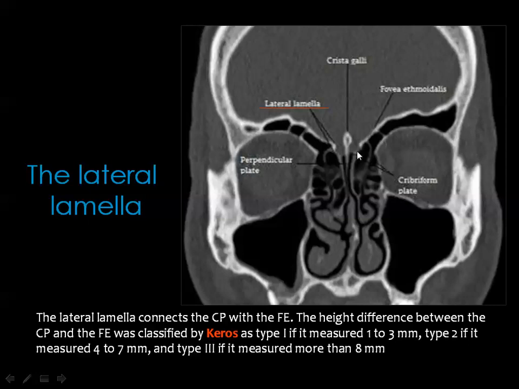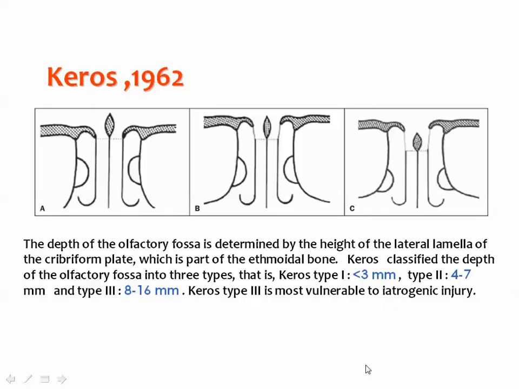And the depth of this area is measured by Keros and is divided into three types. Type 1, where the depth of the olfactory fossa is less than 3 millimeters in height, type 2 is from 4 to 7 millimeters, and type 3 is from 8 to 16 millimeters.